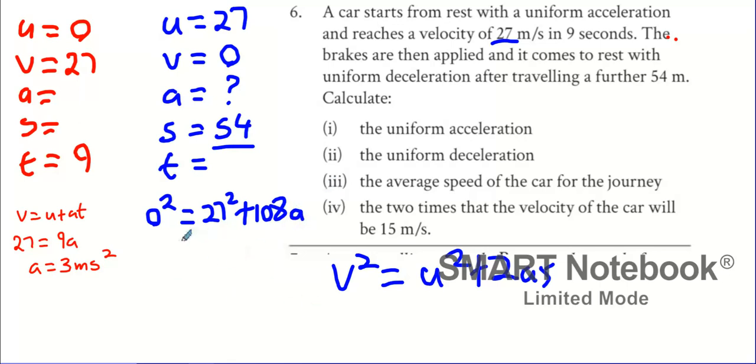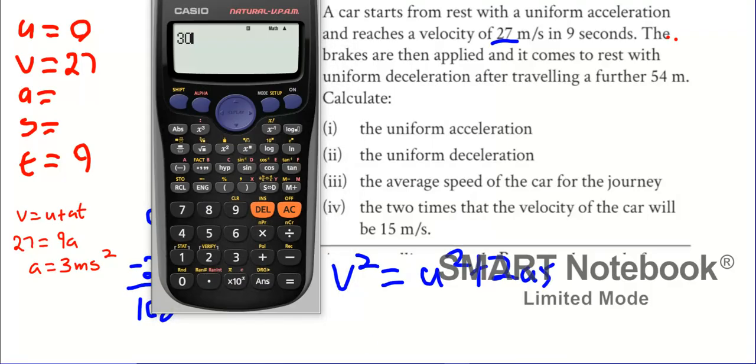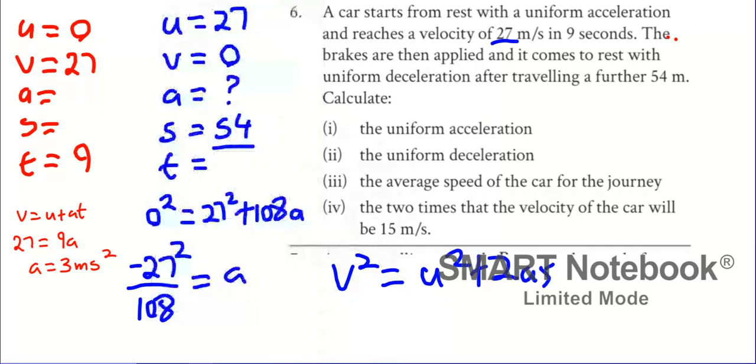So what's minus 27 squared divided by 108 to get the A value? 108. Yeah, minus 27 over 4, or minus 6.75. Grand. All right.